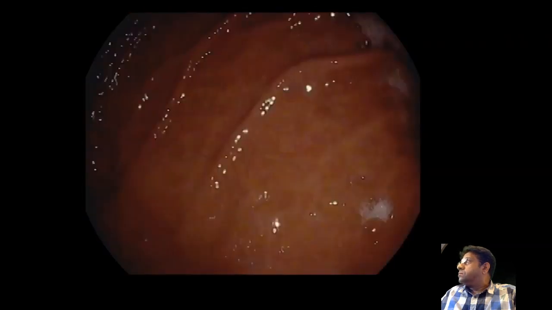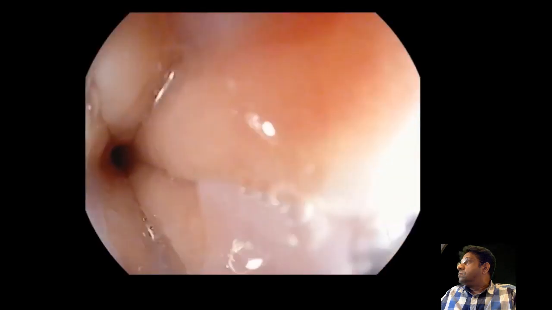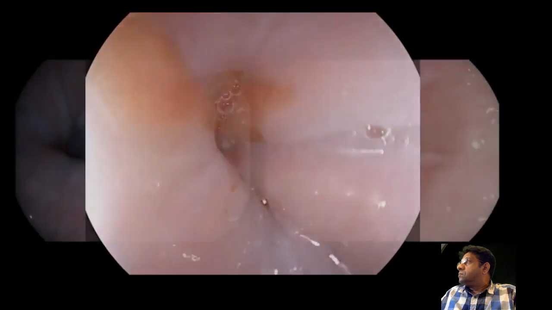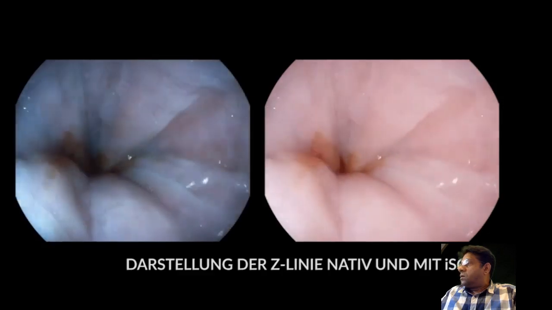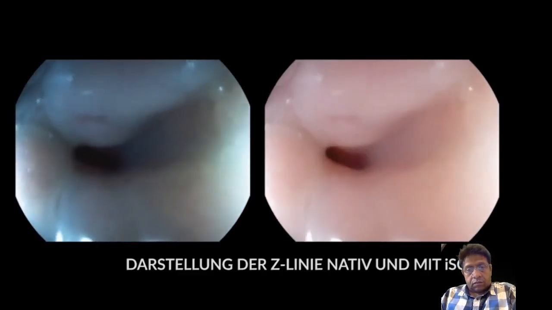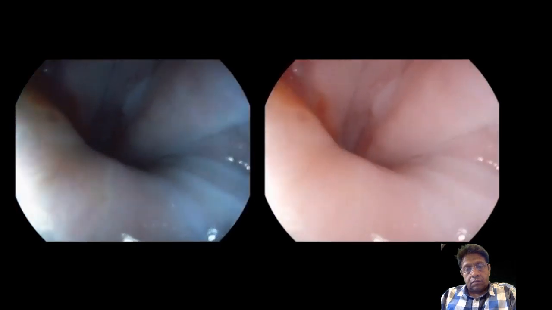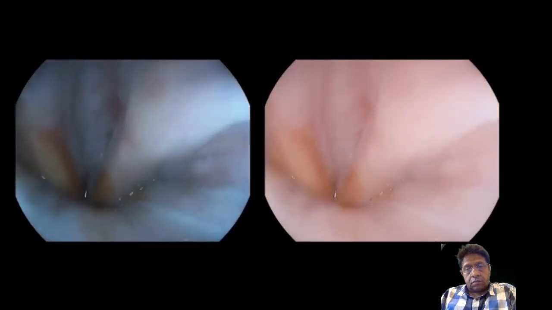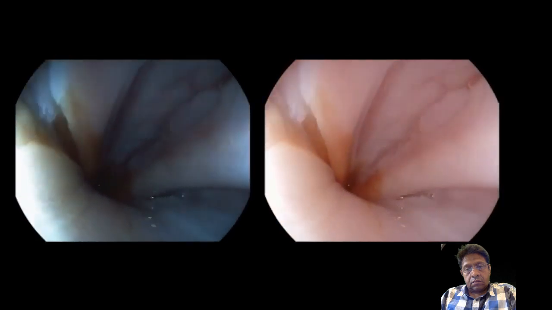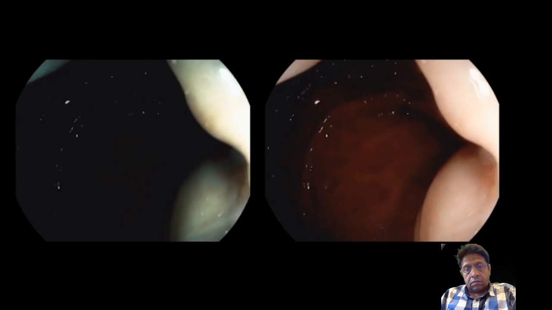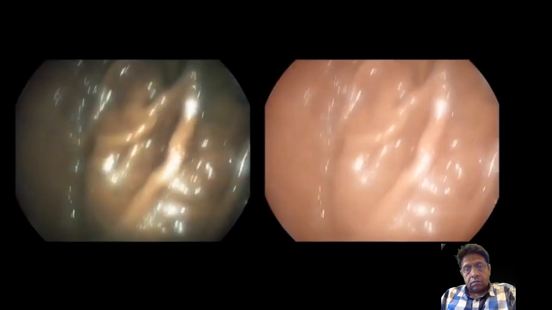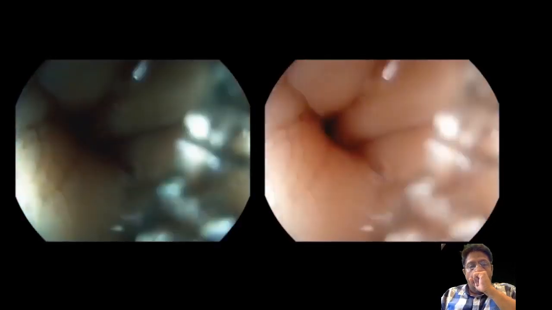Esophageal motility repeatedly obstructs viewing. The Z-line is visualized without enhancement and with eye scan. Spasticity in the distal esophagus is obstructing good visualization of the Z-line here. Air is therefore suctioned out of the stomach, so that a better view of the Z-line is obtained during withdrawal.